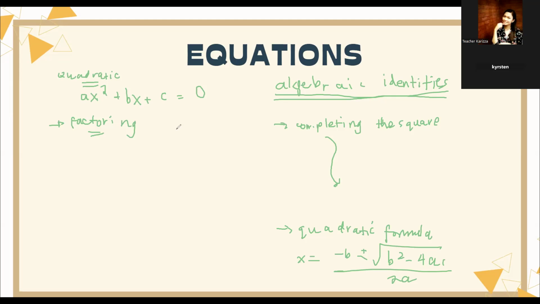So for your factoring method, right, let's say you have x plus 3 and 5x minus 4. This one is already factored for you. What are the different values of x? How would you solve this? Do you remember? Wait lang po. Parang na-remember ko naman.